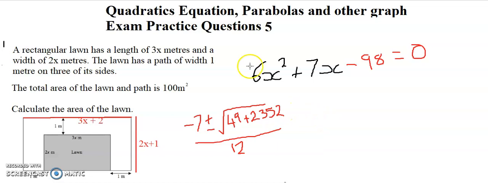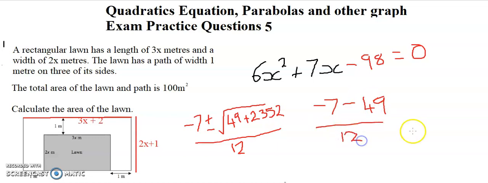So this makes it easier because we've got -7 minus 49 over 12, and we've got -7 plus 49 over 12.